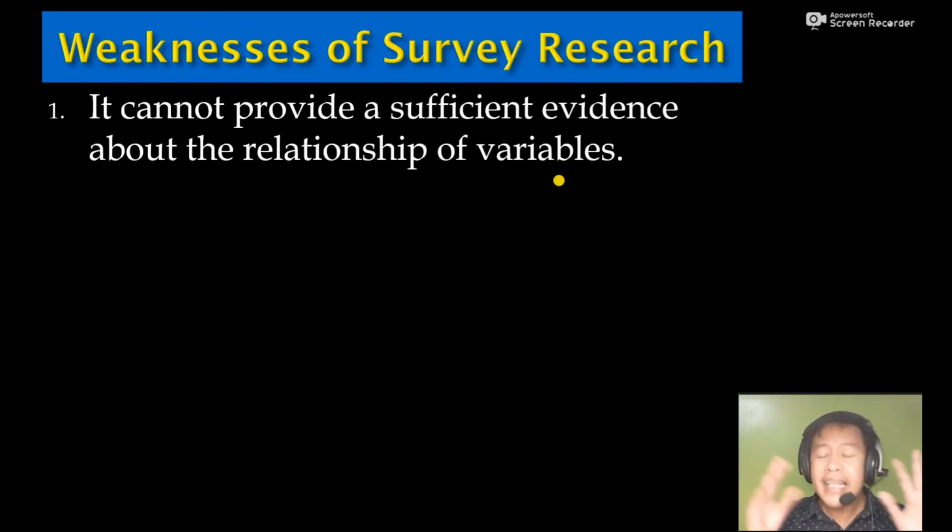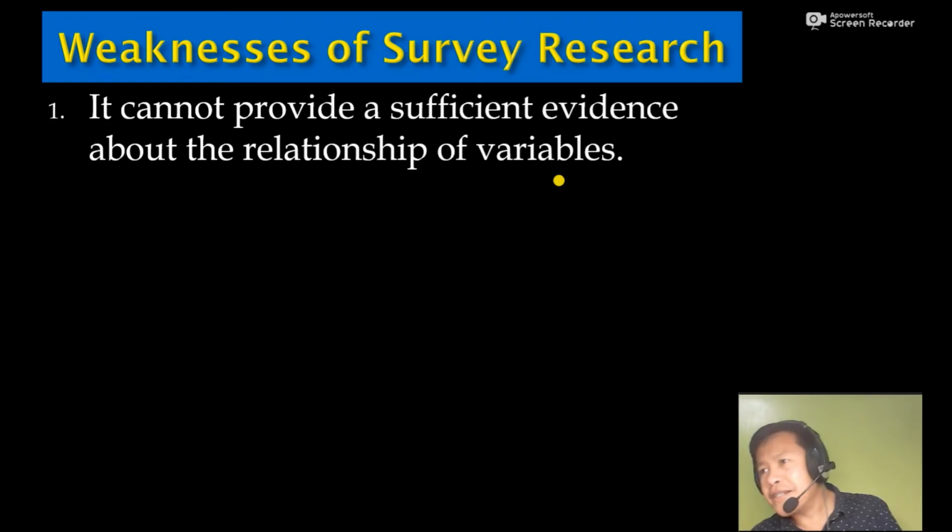Okay. That is why the findings of correlational researches are not stable. You might get a positive relationship in this particular setting, and other researchers using different settings might get a negative relationship. And in some other setting, other researchers can get no relationship.